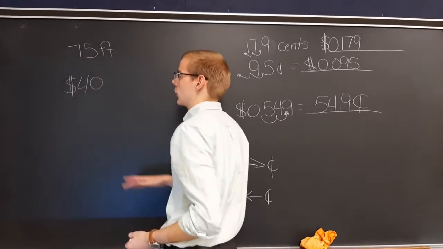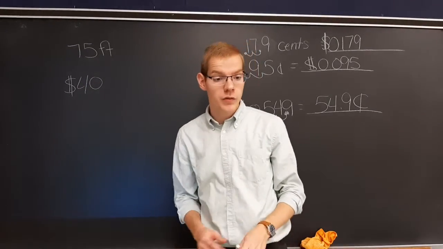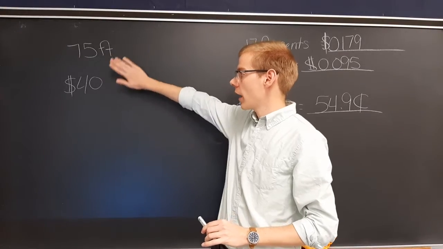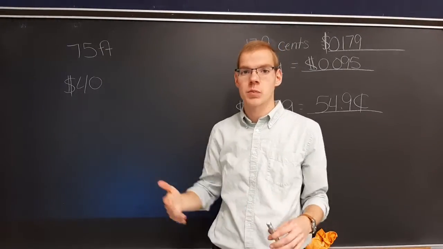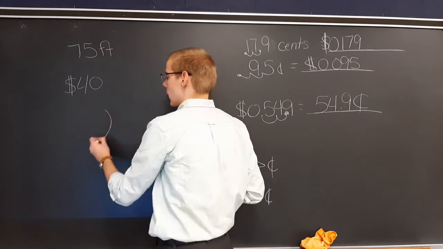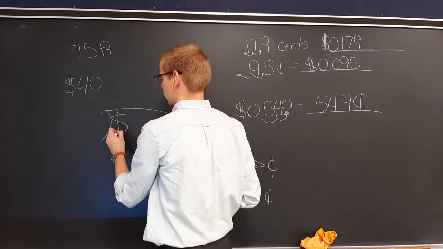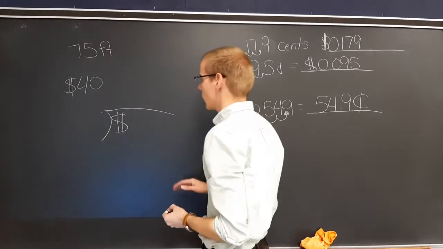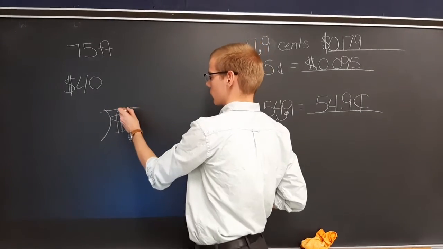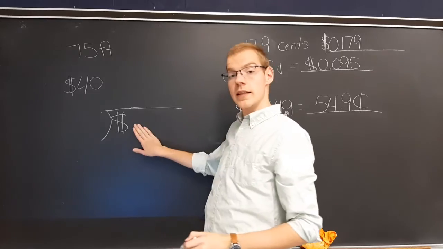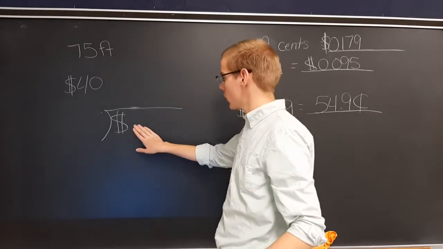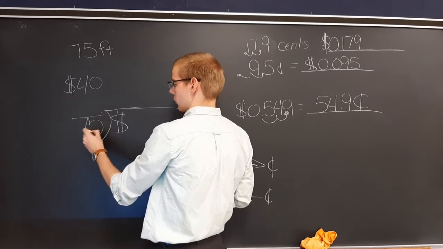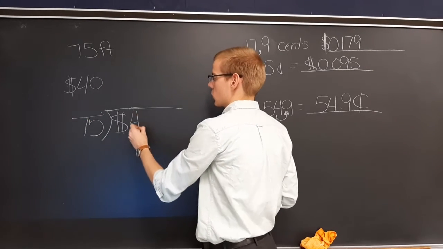I bought 75 feet for $40. Therefore, how many dollars per foot, or how many cents per foot? Make sure your dollar amount is on the inside and your feet are on the outside, divided by 40.